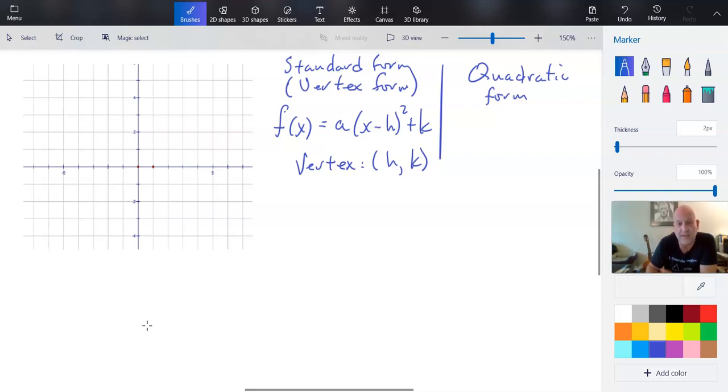If you wanted to take this and turn it into the quadratic form, you would square this, distribute the a, and then add k in. So quadratic form looks like this: f of x is equal to ax squared plus bx plus c. It looks like the form of the equation in the quadratic formula, so I went along with quadratic form. That's what we'll call it for right now.